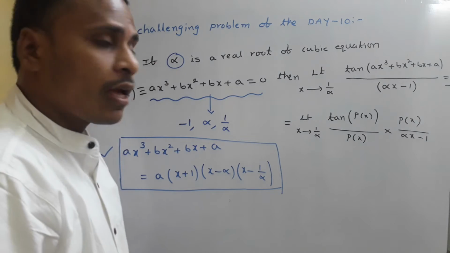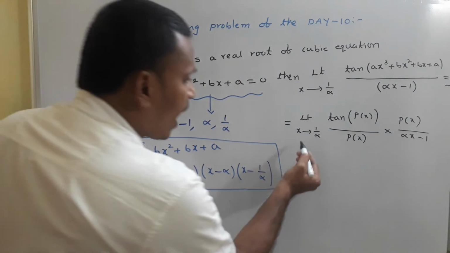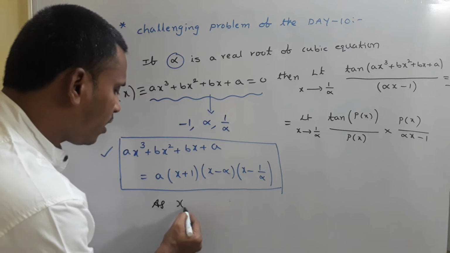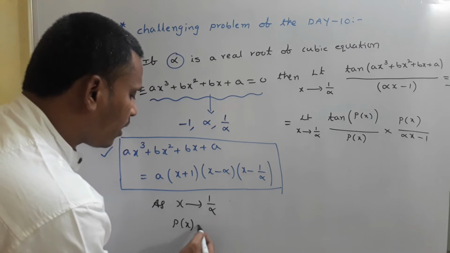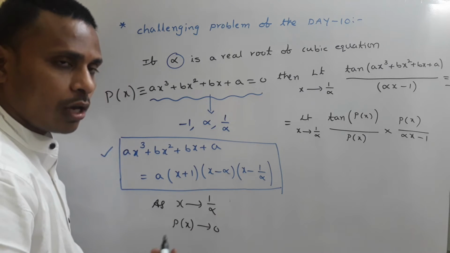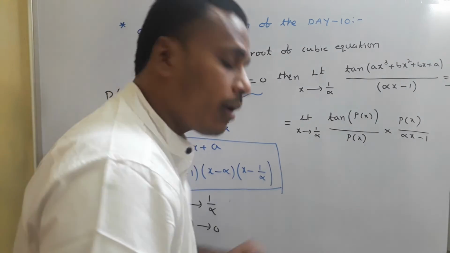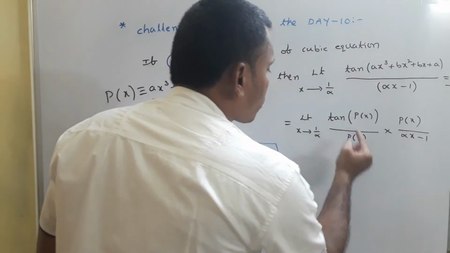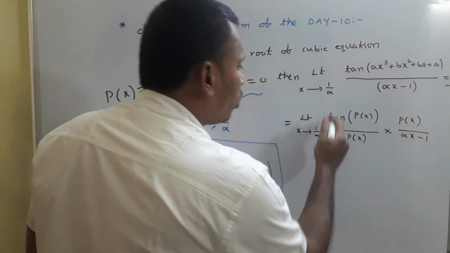As x is tending to 1 by alpha, p of x is clearly tending to 0, because 1 by alpha is a root of p of x. Since p of x is tending to 0, tan of p of x by p of x looks just like tan theta by theta, so its value is 1.